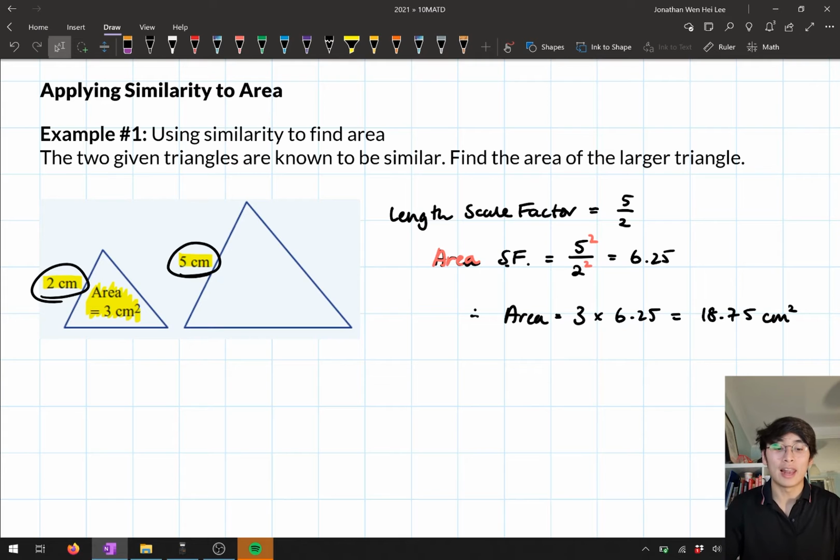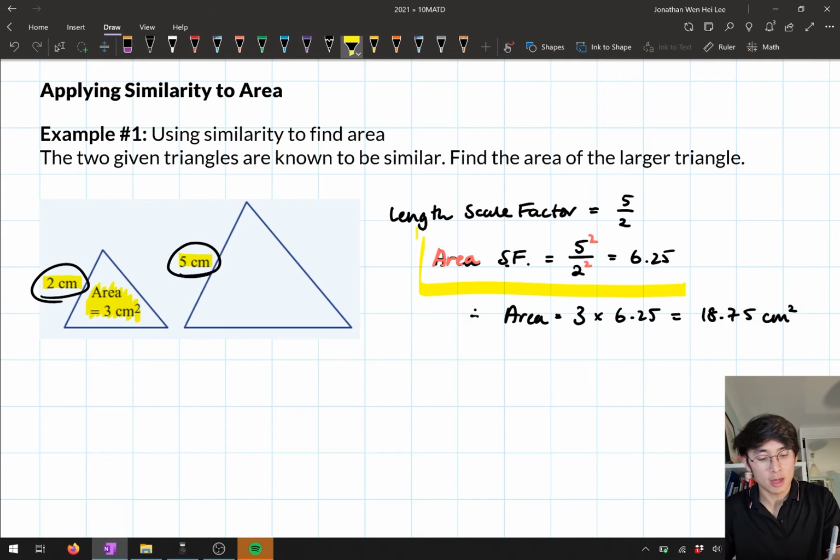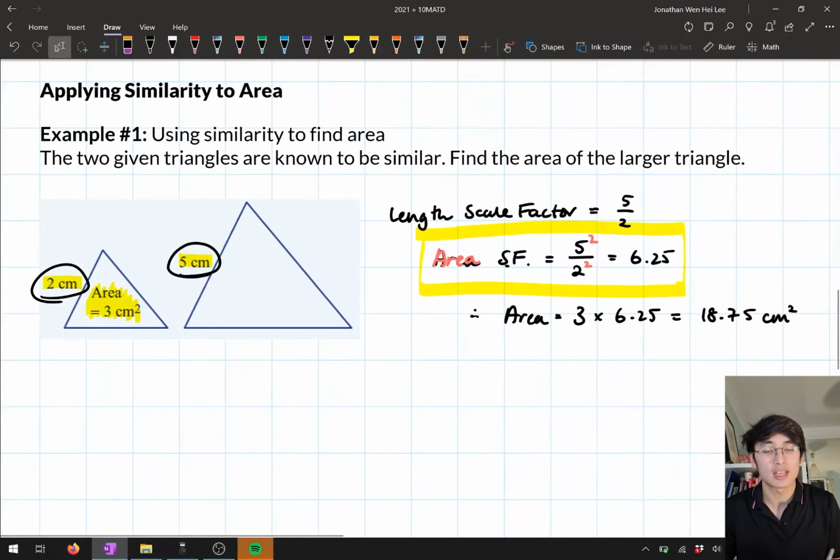Firstly, we find the length scale factor, just like in the previous examples, by taking the larger length and dividing it by the smaller length. Once we've done that, we find the area scale factor by squaring both the top and the bottom of the fraction.